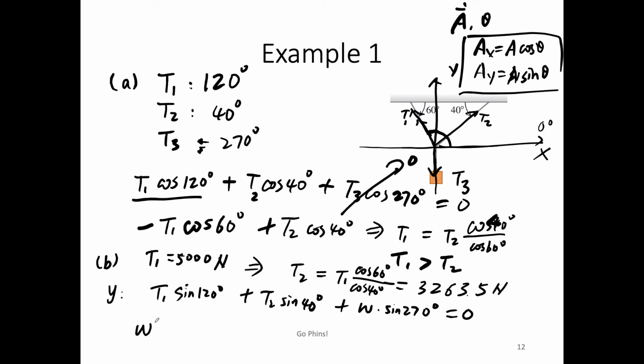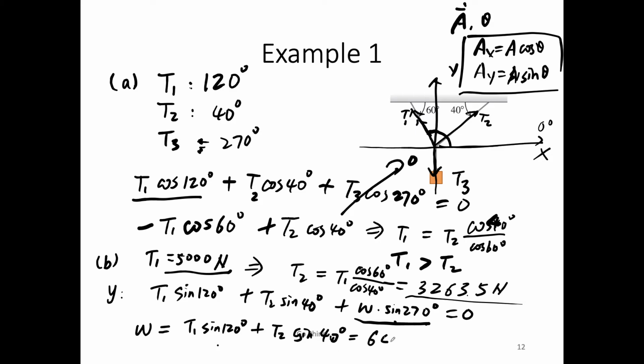Sine 270 gives me -1, so you can move this term to the right, giving you the weight equals T1 sine 120 degrees plus T2 sine 40 degrees. Plugging in T1 as 5,000 Newton and T2 as 3,263.5 Newton, and calculating sine 120 and sine 40, we find the maximum weight we can hang is 6,400 Newton.